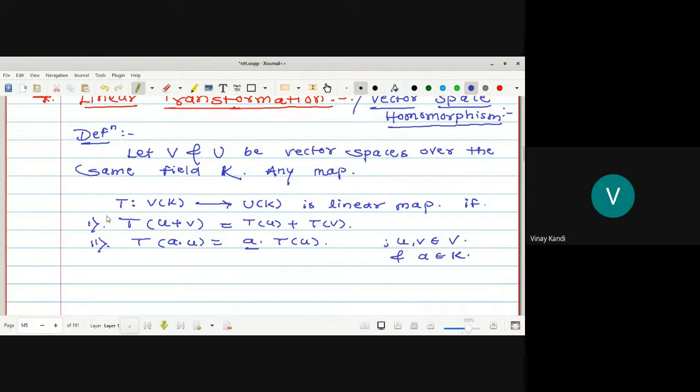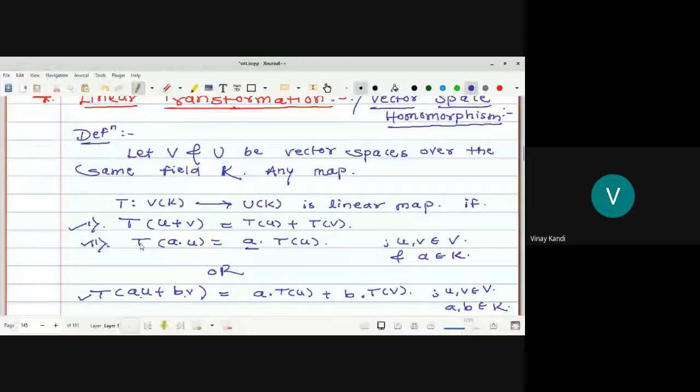Sometimes we can write, if T is a linear transformation, combining these two conditions in one statement: T of a u plus b v is equal to a into T of u plus b into T of v, where u and small v belong to capital V and a and b belong to the field K. So combining these two conditions in one, if this condition is satisfied by any map, then we can say that the mapping is a linear transformation, linear map, or vector space homomorphism.